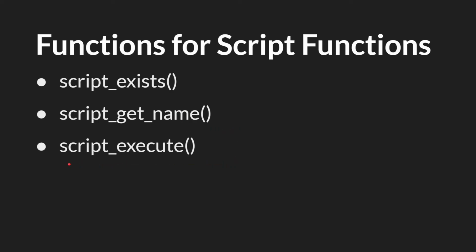And then finally, script execute. This one doesn't have a lot of uses now. It's primarily there for compatibility purposes and a couple networking things, but it allows you to pass in a script resource ID as the first argument, and then any arguments for that script resource as additional arguments, and then it will execute that script. Now I'm not going to switch over to GameMaker for these because they're built-in functions that have examples already in the manual.